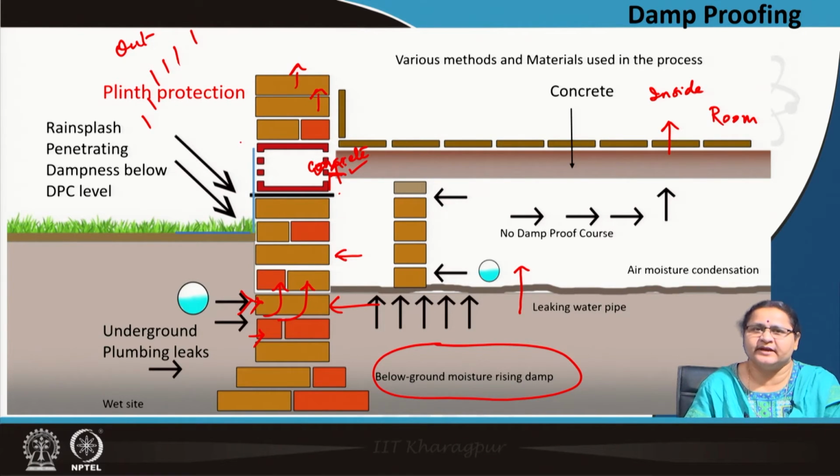You need to protect that outside wall up to the plinth level, because if it crosses the plinth level, water will enter into your house. So, we are concerned up to the plinth level: any accumulated water should not destroy the wall at the periphery of the building, that is the outer building wall. So, we need to protect that.